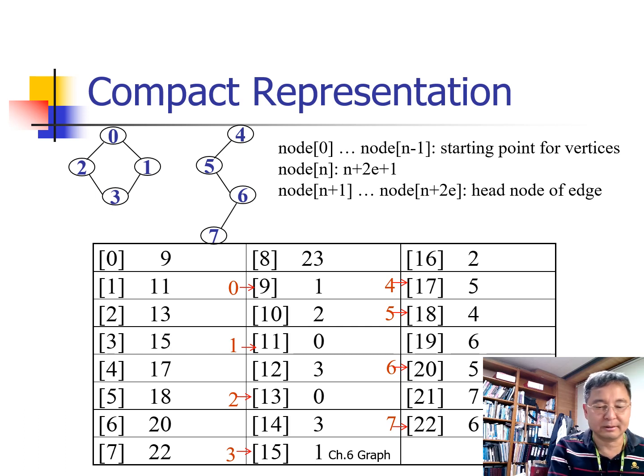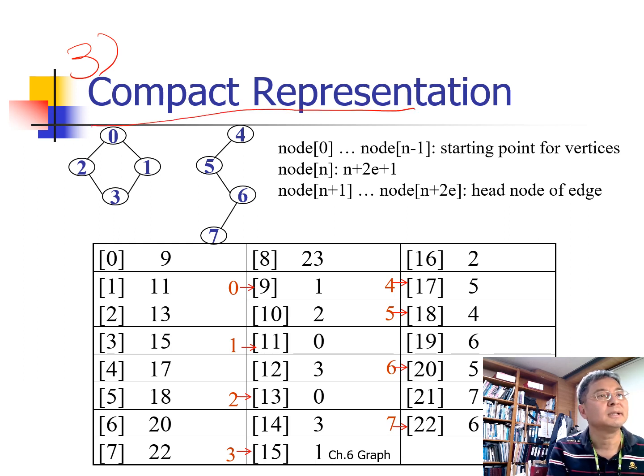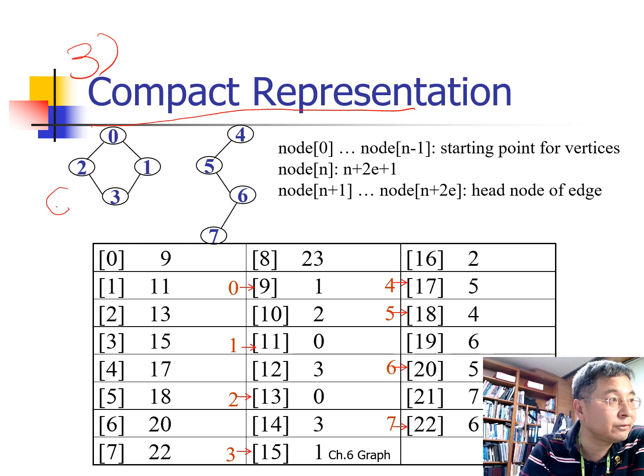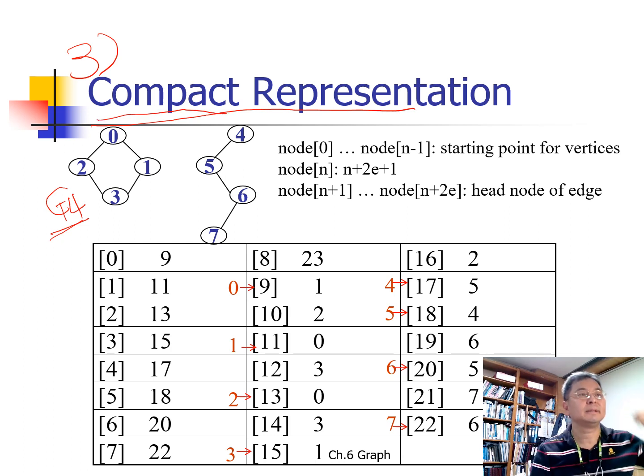And the third method is compact representation. Okay, compact representation is here. This example was G4. If we try to represent this graph in compact representation, compact means that we will store all data in a very small space, efficiently.